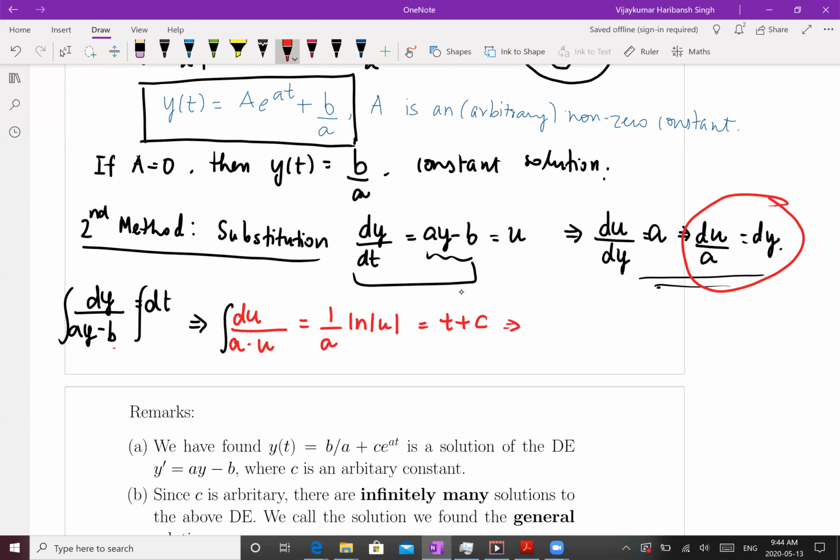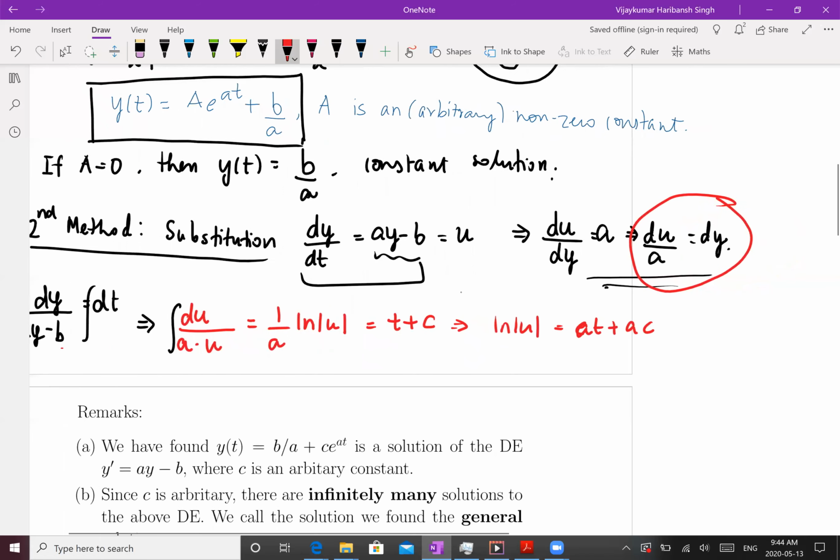Now we'll put back, multiply this. So we get ln of absolute value of u is, sorry, my bad, multiplying by a on both sides, so at plus ac. What does this give us?